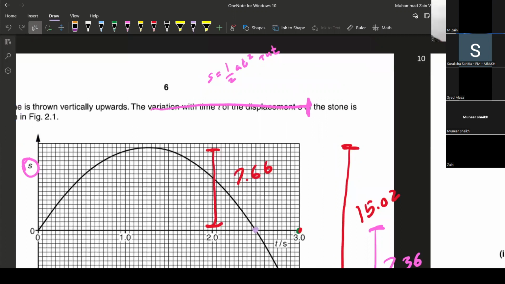For example, they require the value of acceleration, then the initial velocity, then the time taken, and from these three values they give us the distance traveled during this period.